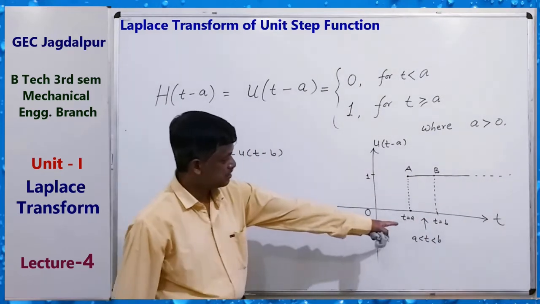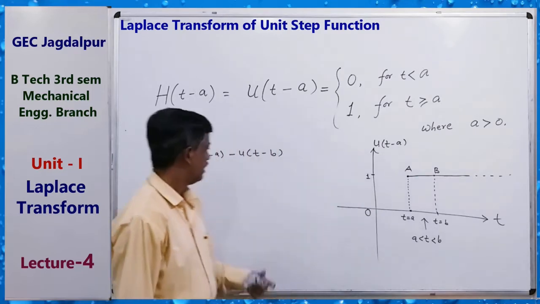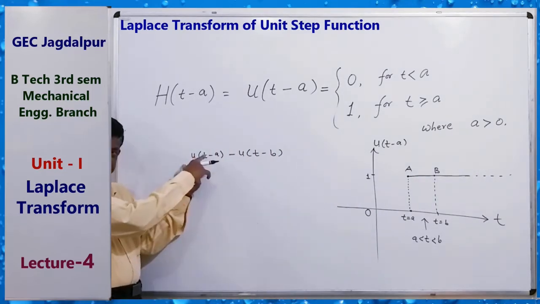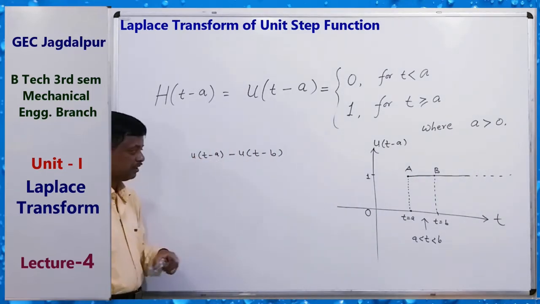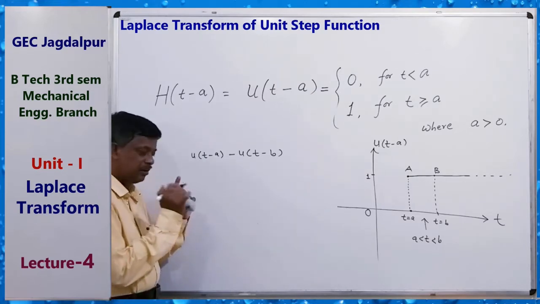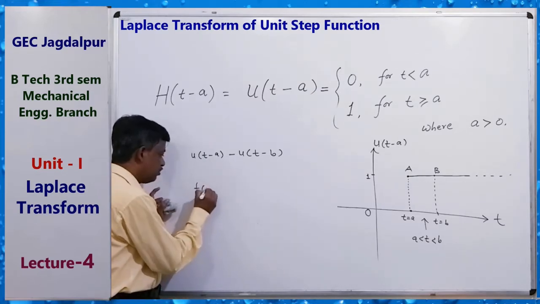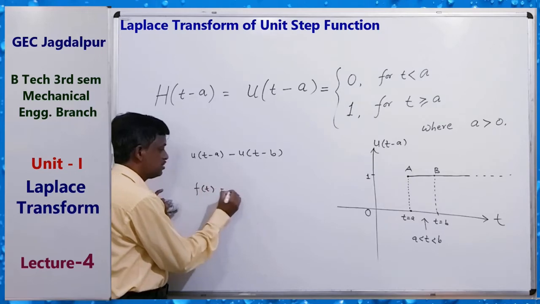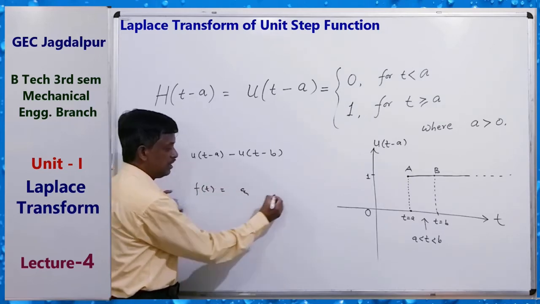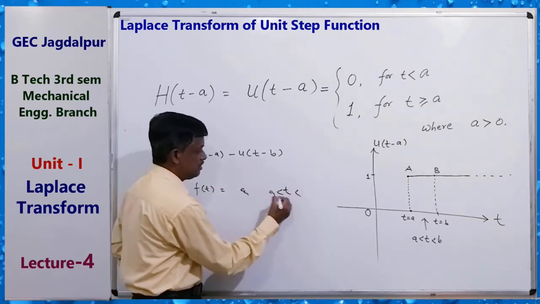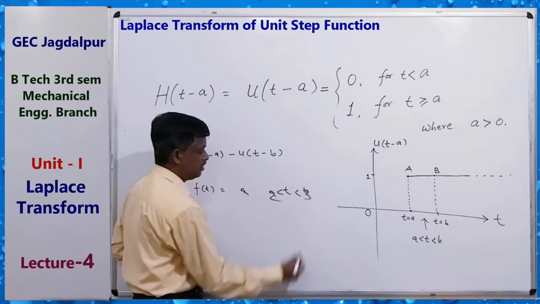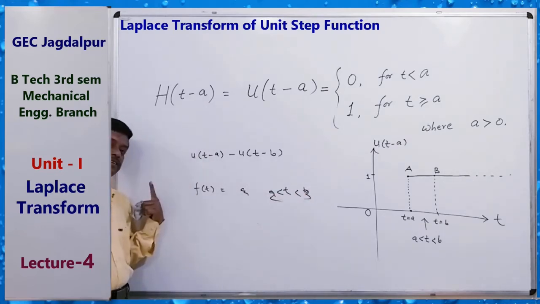Okay, and in this place the graph is zero. So whenever we are given the value of some function, suppose something is here and the interval is like this, t from a to b, t from 2 to 3, then how can you write it?